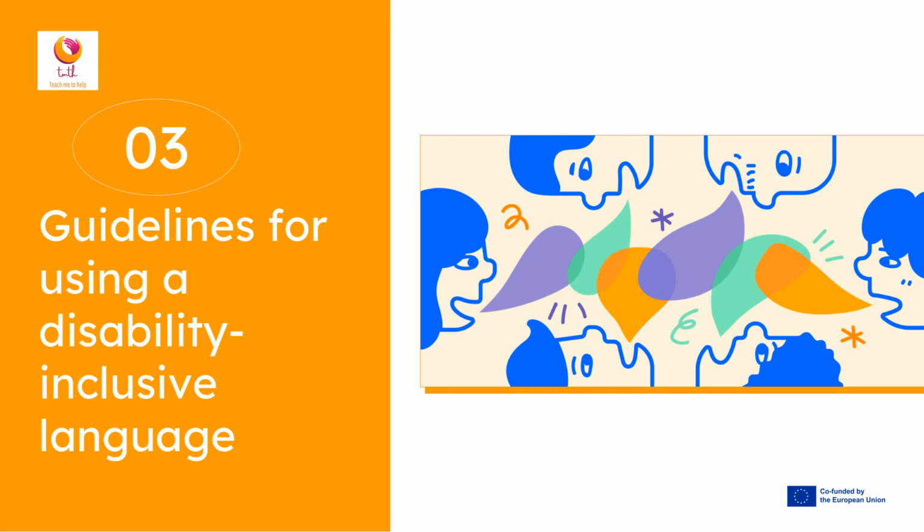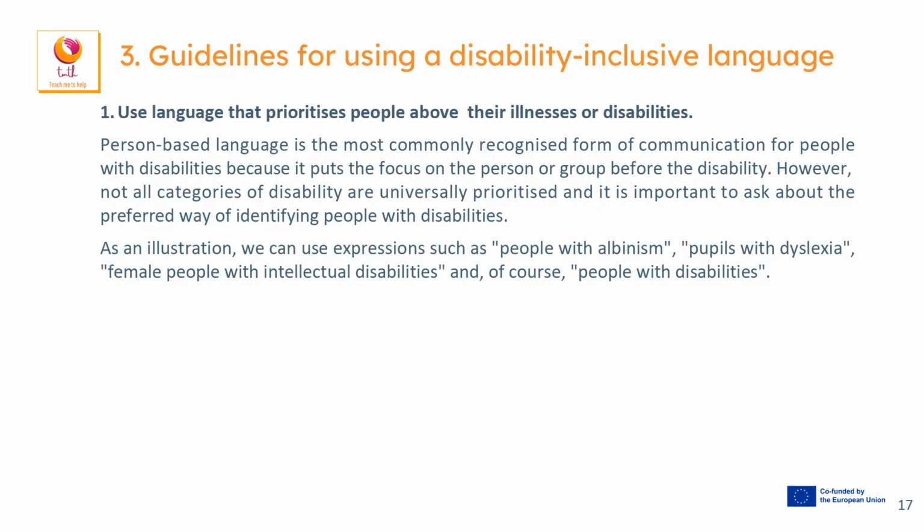3. Guidelines for using a disability-inclusive language. Use language that prioritizes people above their illnesses or disabilities. Person-based language is the most commonly recognized form of communication for people with disabilities because it puts the focus on the person or group before the disability.